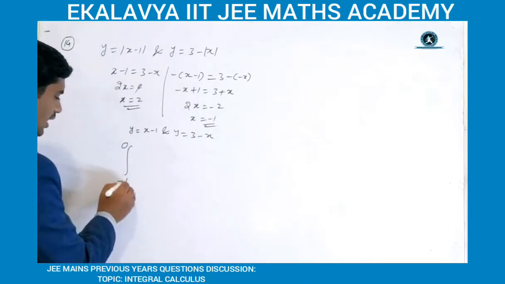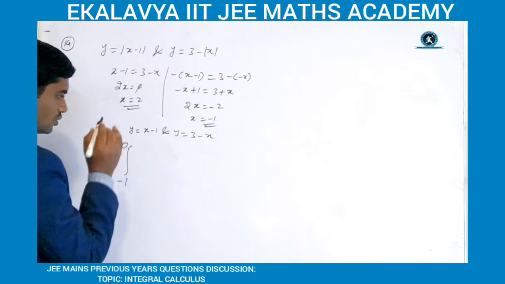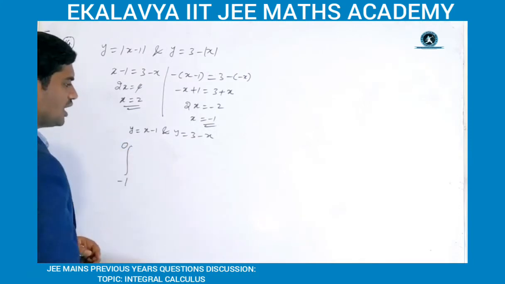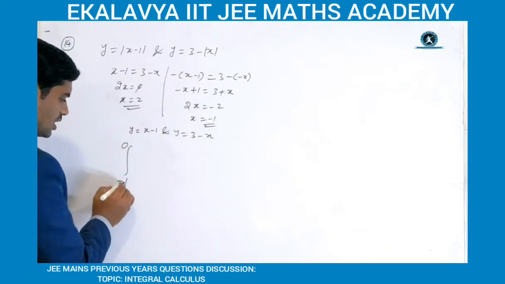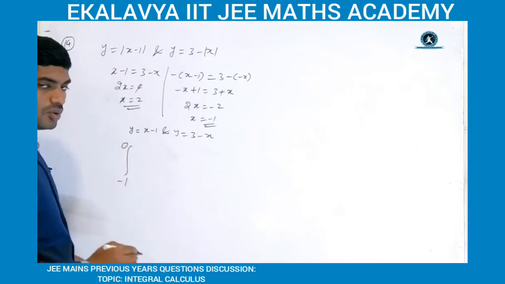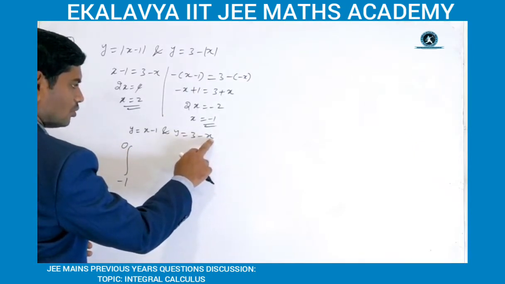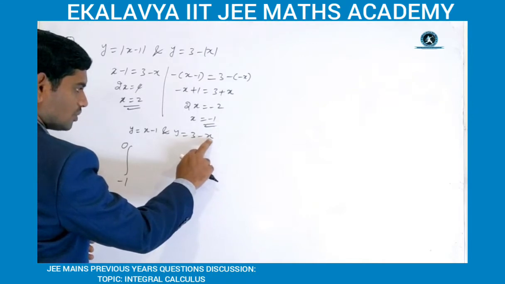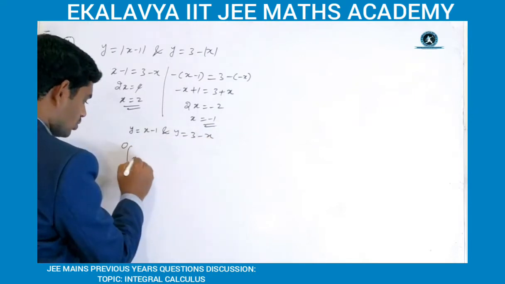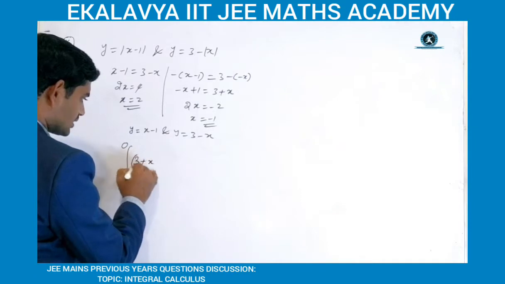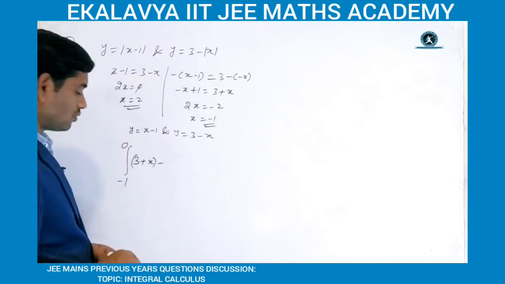Now between minus 1 to 0, we can substitute any number. Suppose I take minus 1 by 2. If we substitute minus 1 by 2 here, we get 3 plus x minus the lower one.